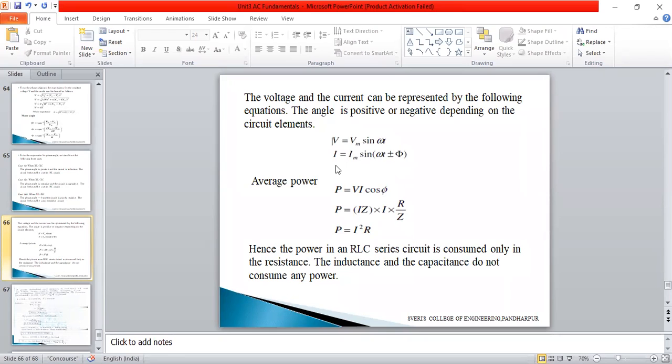I equals Im sin omega t plus or minus phi, depending on the conditions. So it will complete the series RLC circuit.